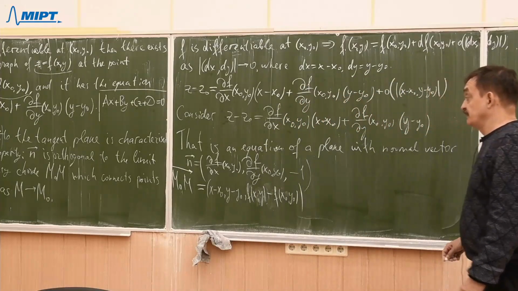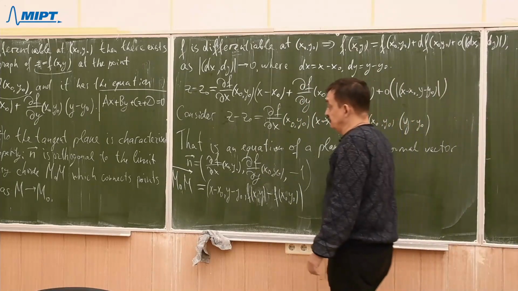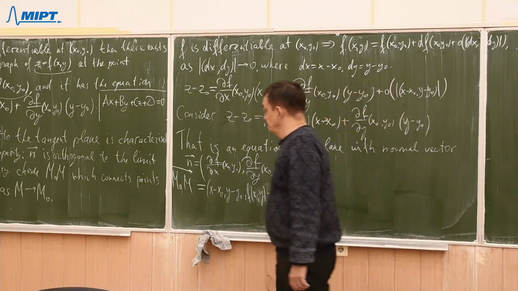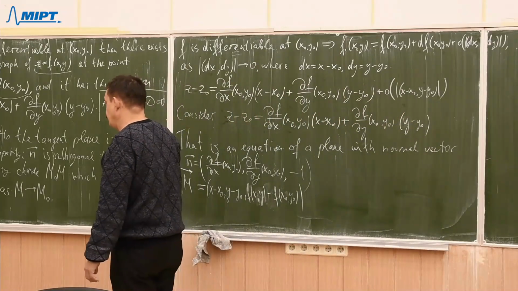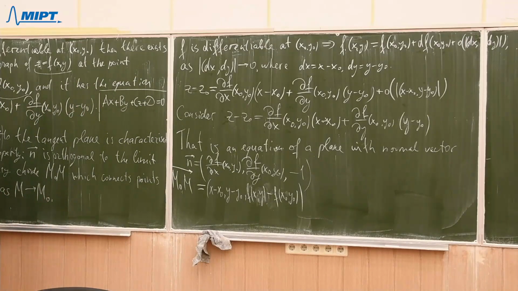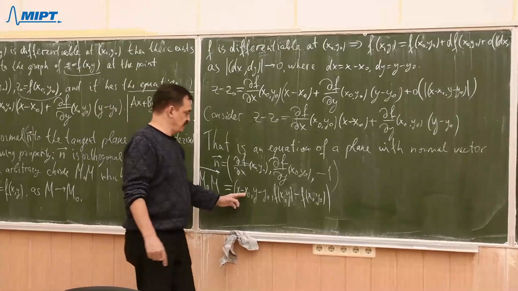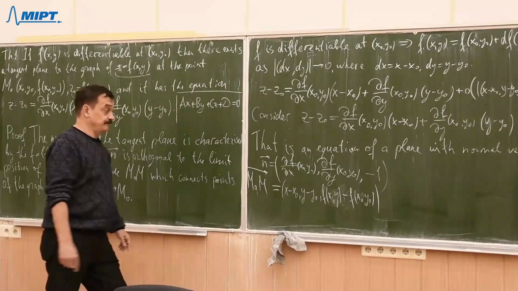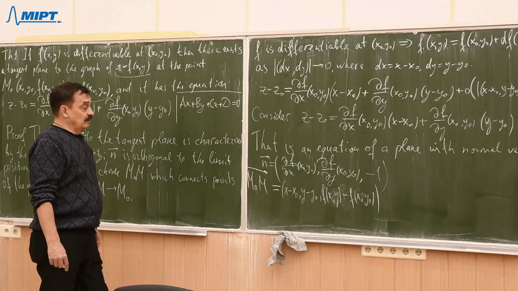That is the vector from M naught to M. Remember, M is a point of our graph, with such coordinates x, y, and f of x, y. Okay.